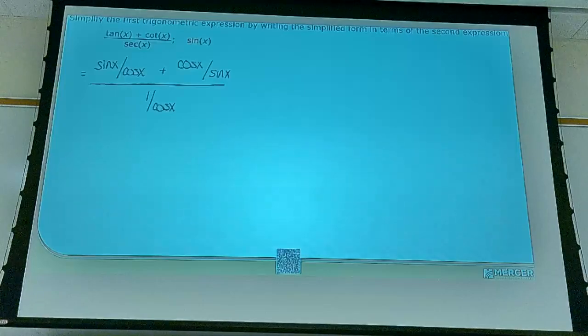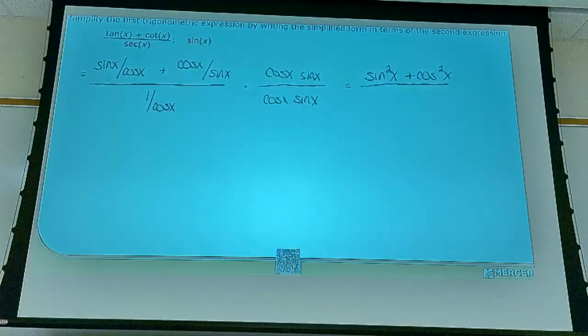What is the LCD? Cosine times sine, right? You get sine squared of x plus cosine squared of x, all over just regular old sine of x.